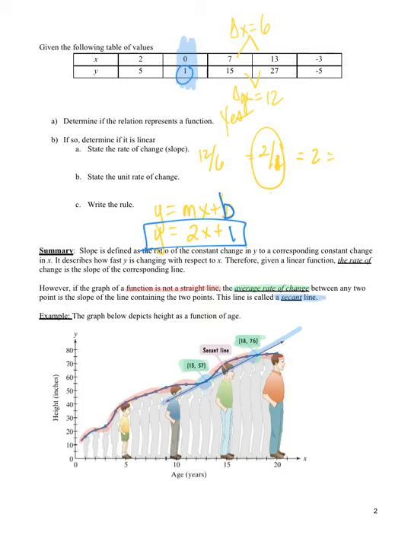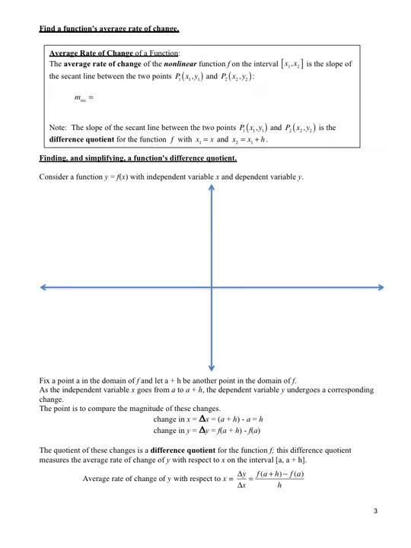So again, if you have a nonlinear function, a function that is not a straight line, you can calculate what's known as the average rate of change just by picking 2 points on the line, drawing a secant line passing through those 2 points, and finding the slope of that line. That is your average rate of change.